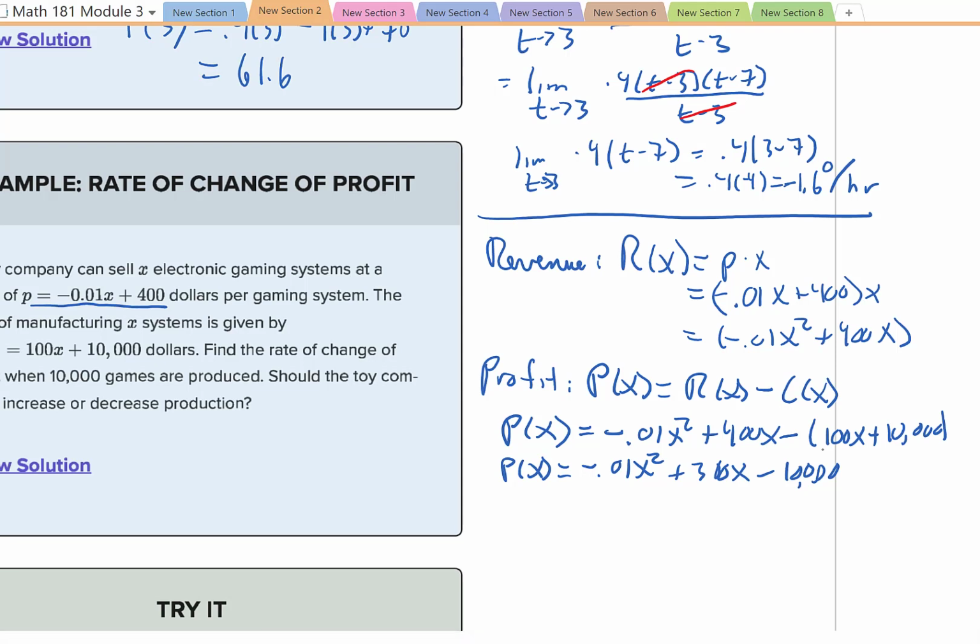Now, if we want to look at the change in profit at 10,000 units, that's going to be the limit as x approaches 10,000 of our P of x minus P of 10,000, divided by x minus 10,000.